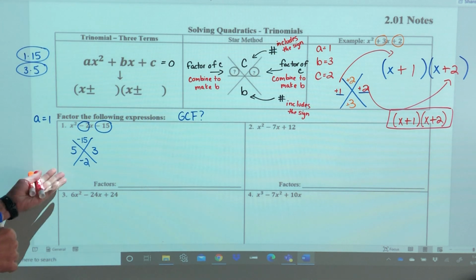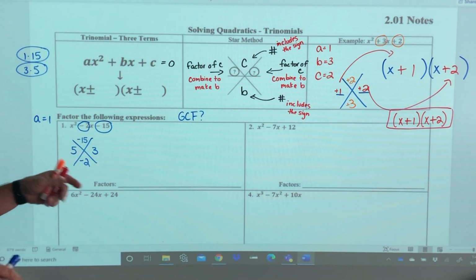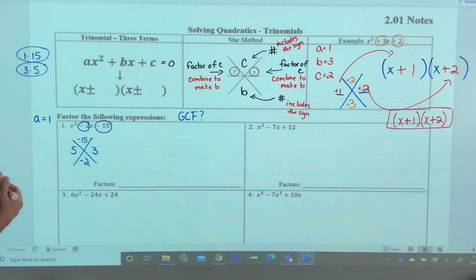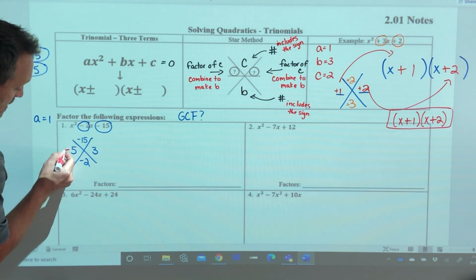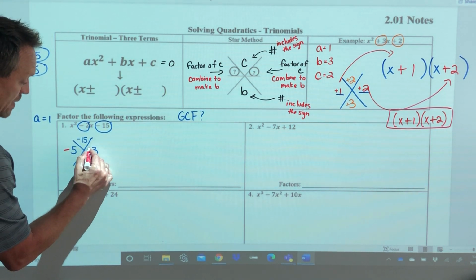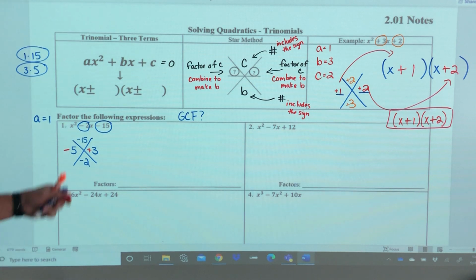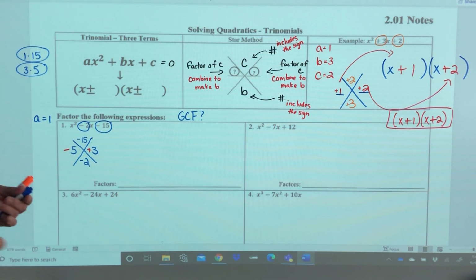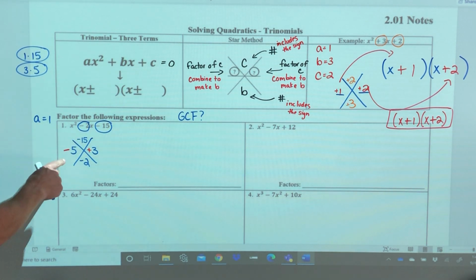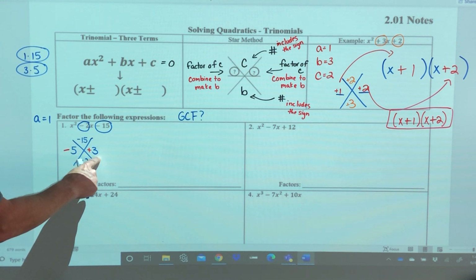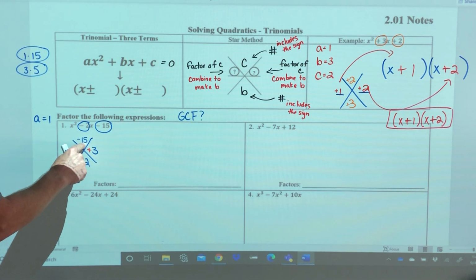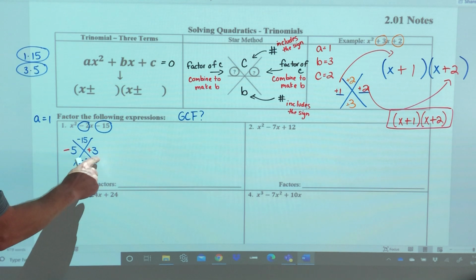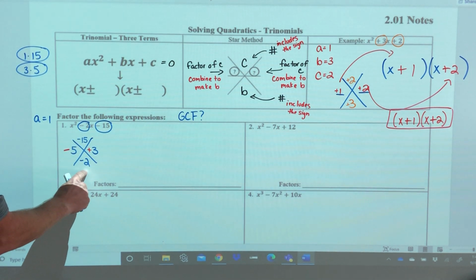How can I combine 5 and 3 and get it to equal negative 2? Well, if I had negative 5 plus 3 gives me negative 2. From there, I have negative 5 times positive 3 gives me negative 15. Negative 5 plus 3 gives me negative 2.